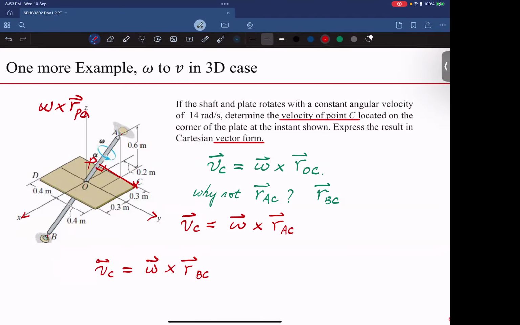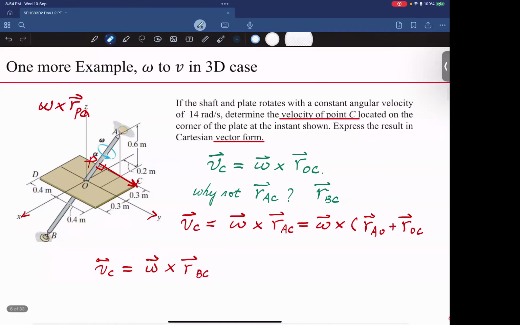So let me explain why. Because we can expand it. Omega cross RAC. For the addition of the vector, we can find RAC equals RAO plus ROC. Or we can use the standard point P, okay?